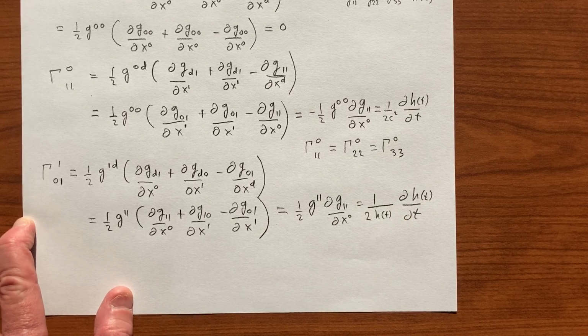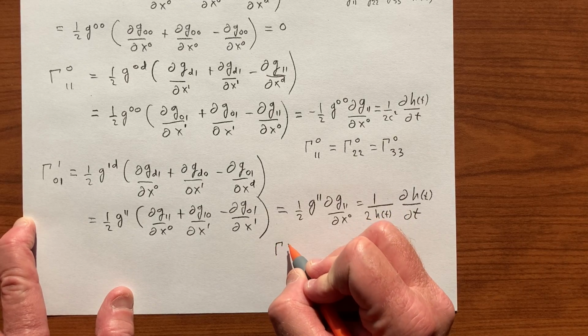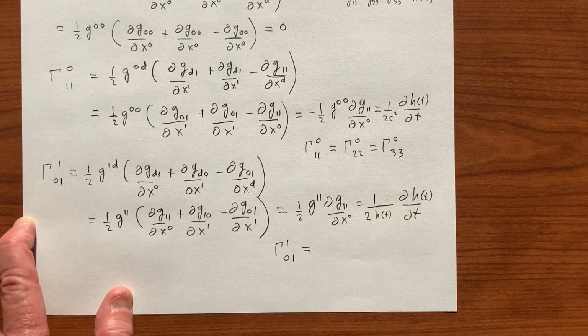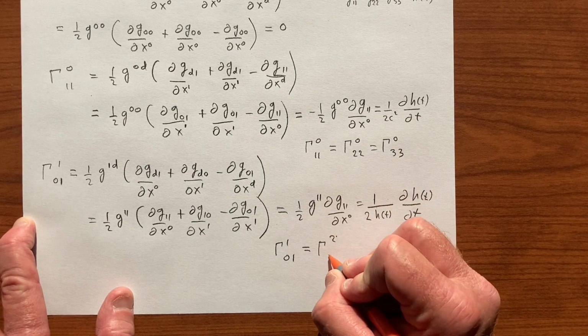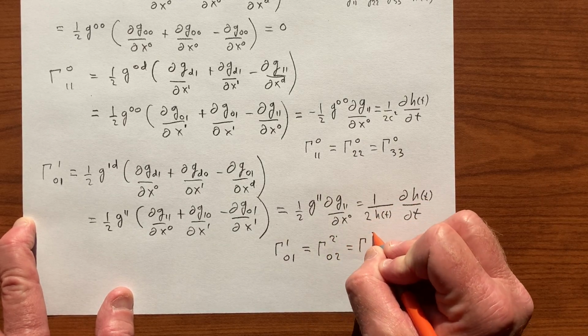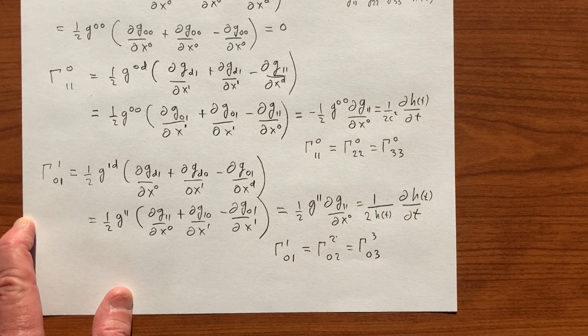And so, again, by symmetry, we can argue that for Gamma 1,0,1, we don't have to figure out Gamma 2,0,2 and Gamma 3,0,3, because they're all the same, and we won't go through the other ones, which will all end up becoming 0 anyway.